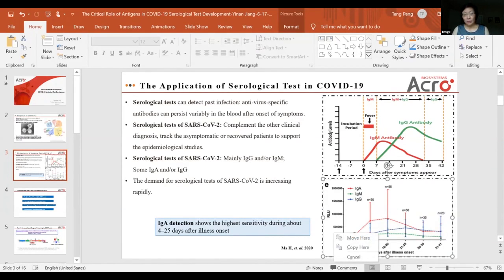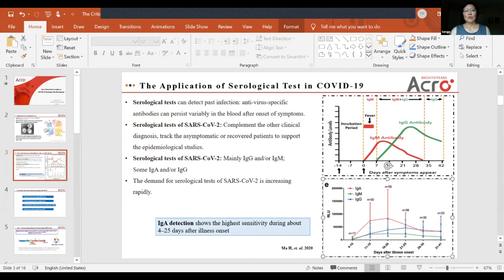And usually right now, as you know, the serological tests of SARS-CoV-2 on the market mainly test IgG and or IgM. There are some efforts that have been made to test IgA and or IgG. And from the publications, you can see those 3 different antibodies have different patterns of response to the coronavirus infection.